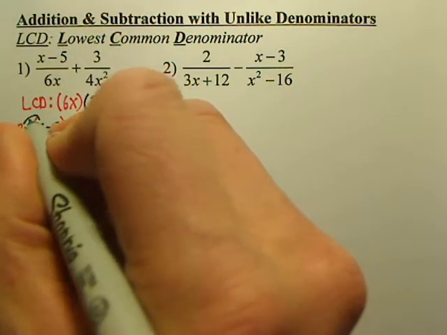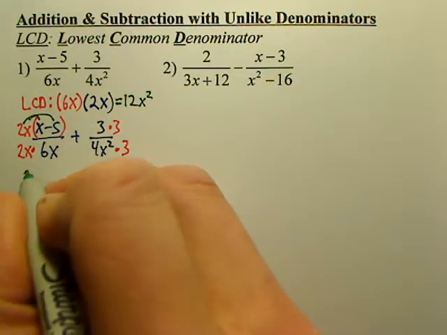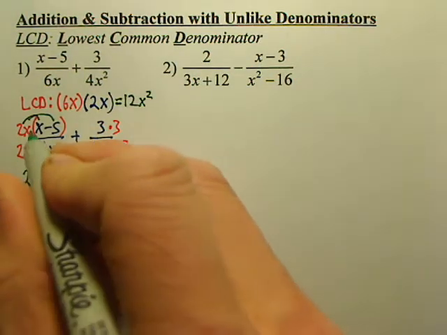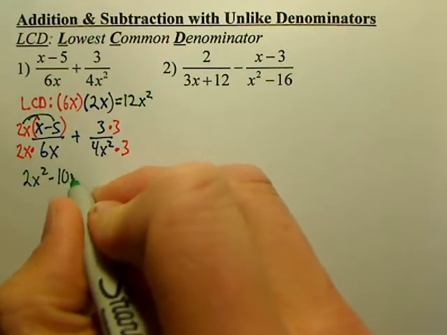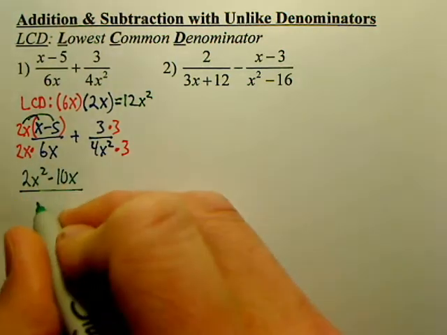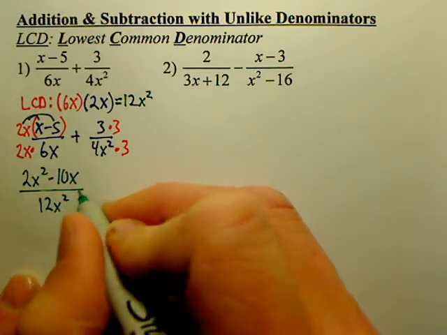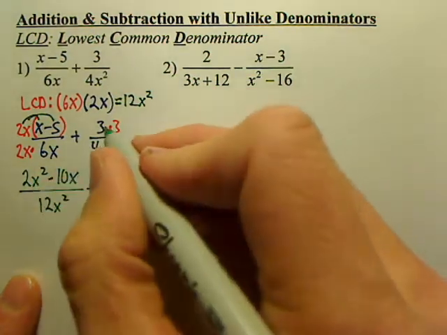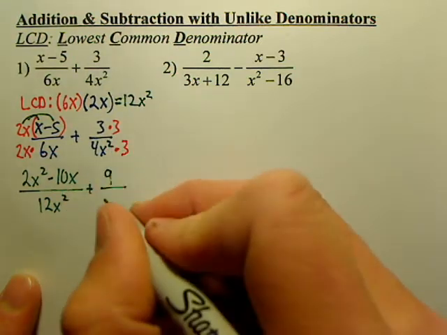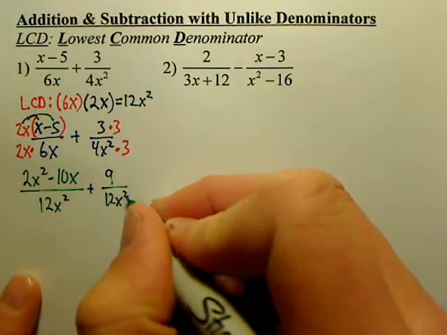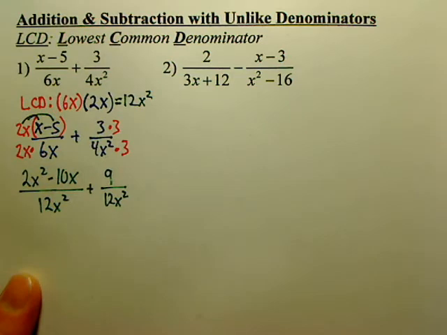When I distribute the 2x times both pieces here, I get 2x squared right there, and 2x times negative 5 is negative 10x. And on the bottom, as you can see, 12x squared. Now I have my plus. 3 times 3 goes to 9, and the bottom is another 12x squared, which is what we were looking for, a common denominator.